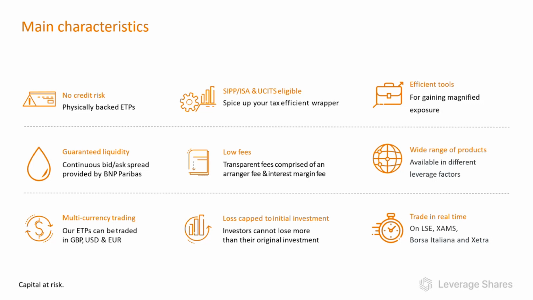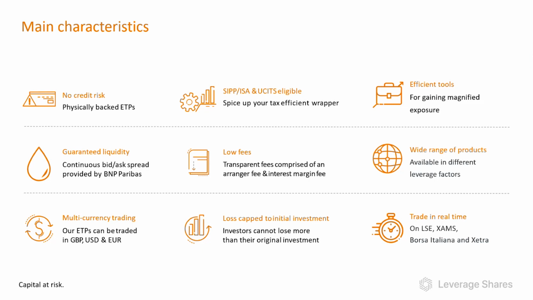Another thing is that they're UCITS eligible. Furthermore, compared to other leverage products, we have very low fees and are very transparent about our fees. You can find them in every fact sheet and key information document of our product.